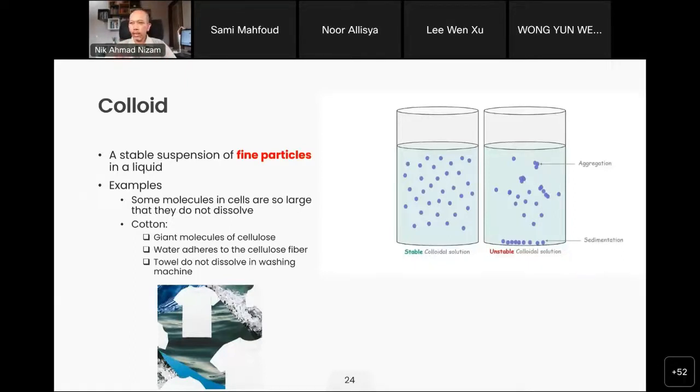So these are colloidal. We cannot see them with our own eyes. We can just see that it is a solution. Sometimes it's a clear solution, but it's actually colloidal. So those are examples of colloid.